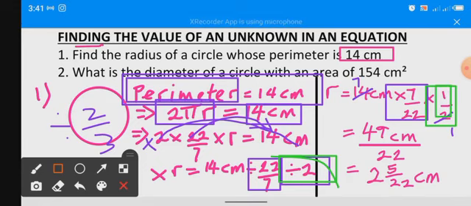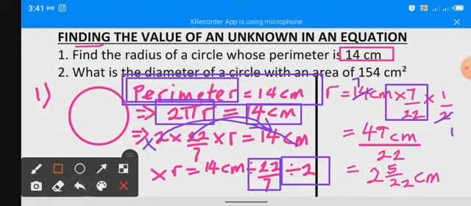After that, what follows? We carry out division. We divide what is possible to be divided. This 2 here will divide 14 to give you 7. After that division, nothing else could be divided. 7 will not divide 22 without a remainder.